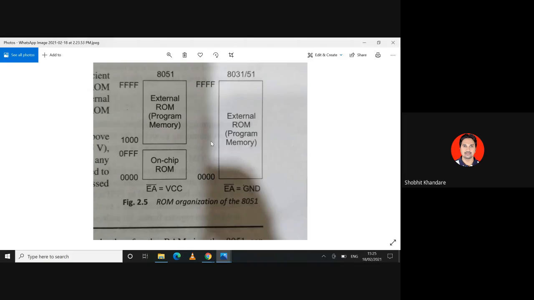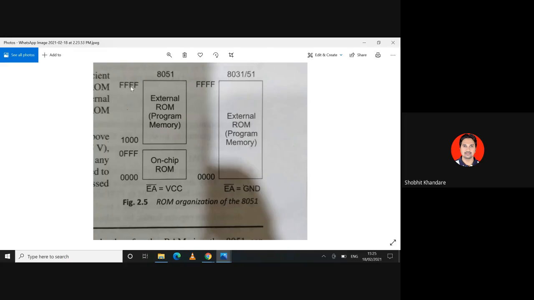So again I'm repeating, when your EA bar pin is equals to 1, या फिर आप EA bar pin को अगर प्लस वोल्ट दोगे तब आप ऑन चिप रोम 4 किलोबाइट का यूज कर सकते हो. इसके अलावा आप एक्सटर्नल रोम 60K का भी यूज कर सकते हो. इसलिए एड्रेस देखो 000 से लेके 0FFF ऑन चिप रोम के लिए.